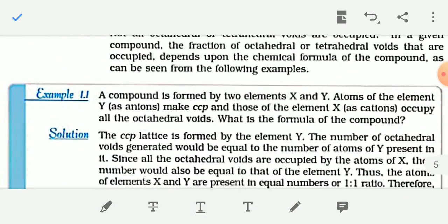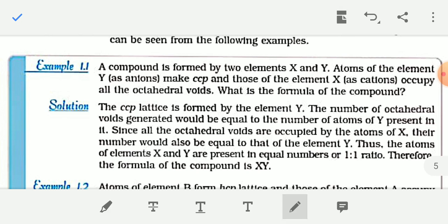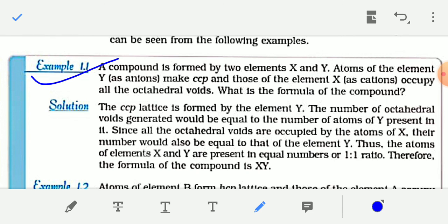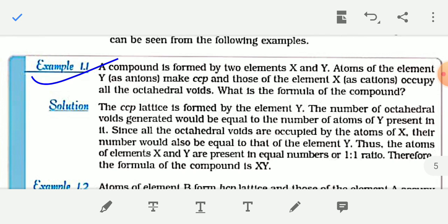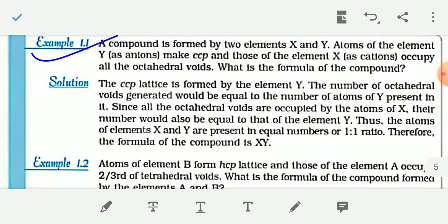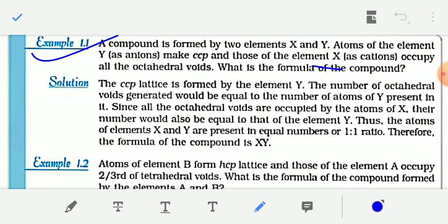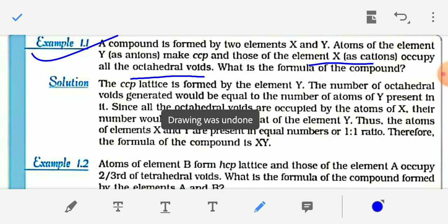Now see how to obtain the empirical formula of a crystal structure. See example 1.1. A compound is formed by two elements X and Y. Atoms of the element Y, as an anion, make CCP, cubic close pack. Assume the number of Y atoms is n. Atoms of element X, the cations, occupy all the octahedral voids.